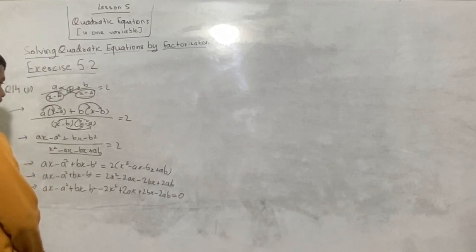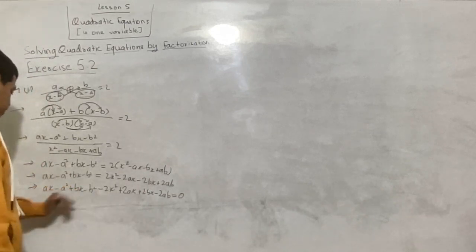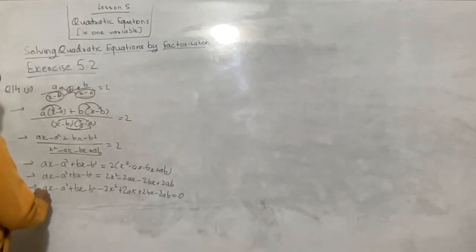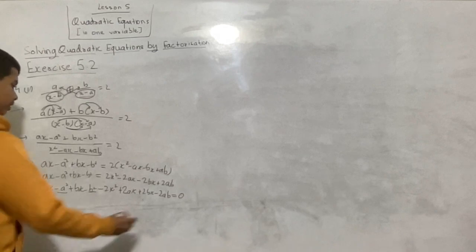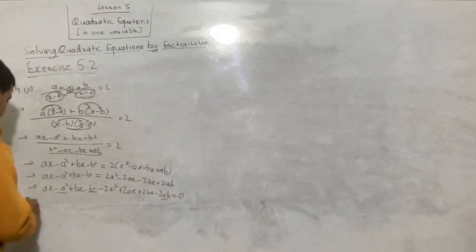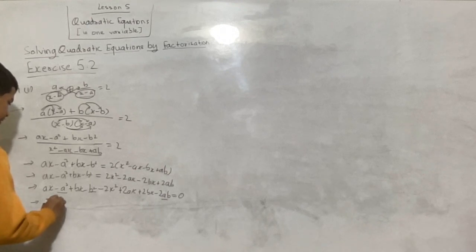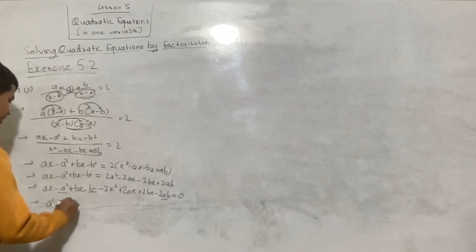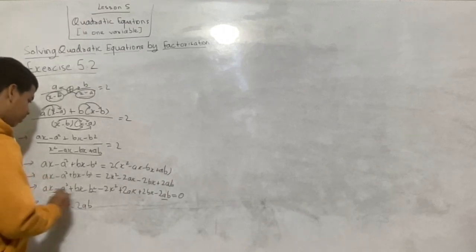Now what you have to do is just add and subtract here. Let's say this and this don't have anything common, and this also. So we will write it first, minus a square minus b square minus 2ab as it is. Now we will add and subtract.